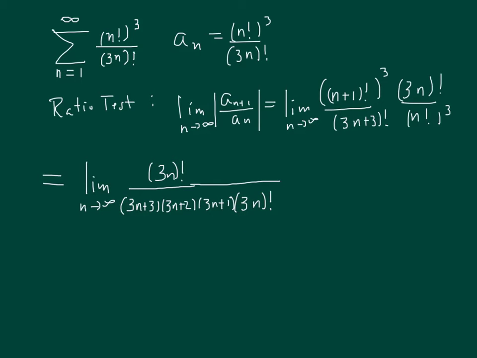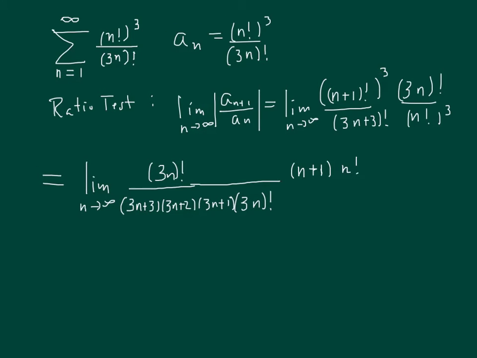Okay, now what's left? Well, we've got an (n plus 1) factorial right there. Of course, we can write that as n plus 1 times n factorial. So if we do that next, we'll have n plus 1 times n factorial.